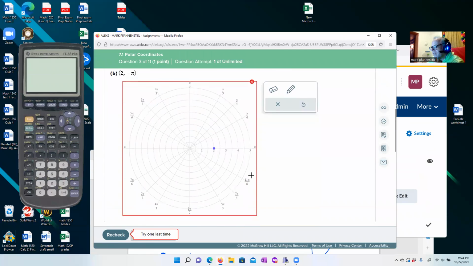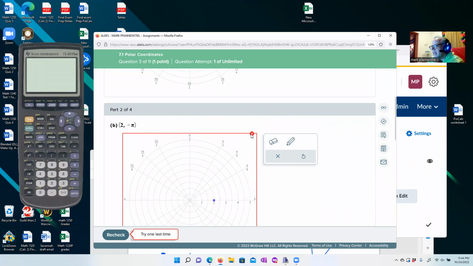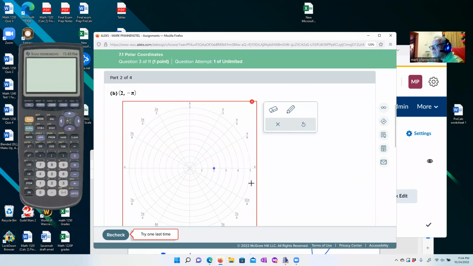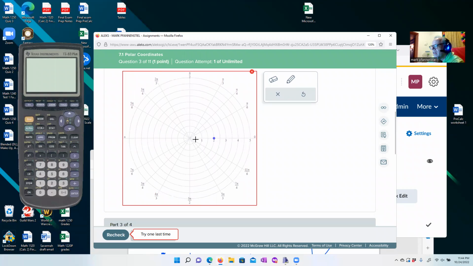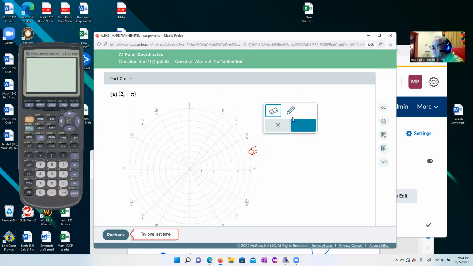Okay, and we still didn't like this one. This one, they really just didn't like it. So let's see, we're at -pi. That's this way. Okay. 1, 2. Oh, no. -pi. Oh, I see why. Okay. That's not -pi.